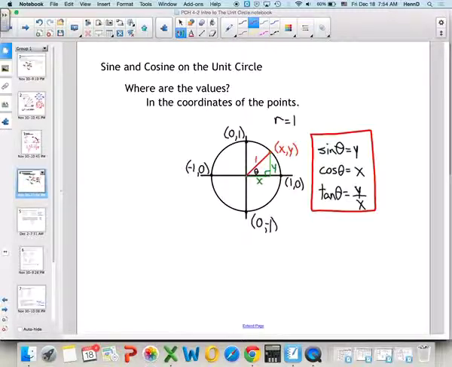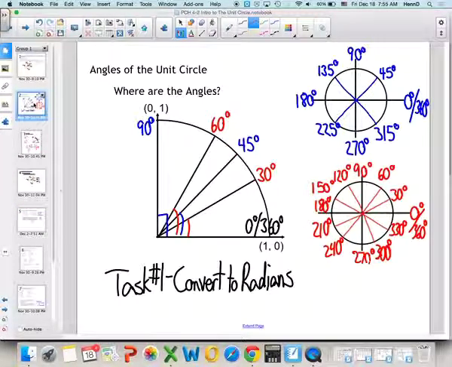And I hope by this you can see why learning this unit circle is going to be so valuable. Because once we have this, we will actually have memorized the sine and cosine and can easily figure out the tangent of all of these angles. All of the angles that we saw back here.